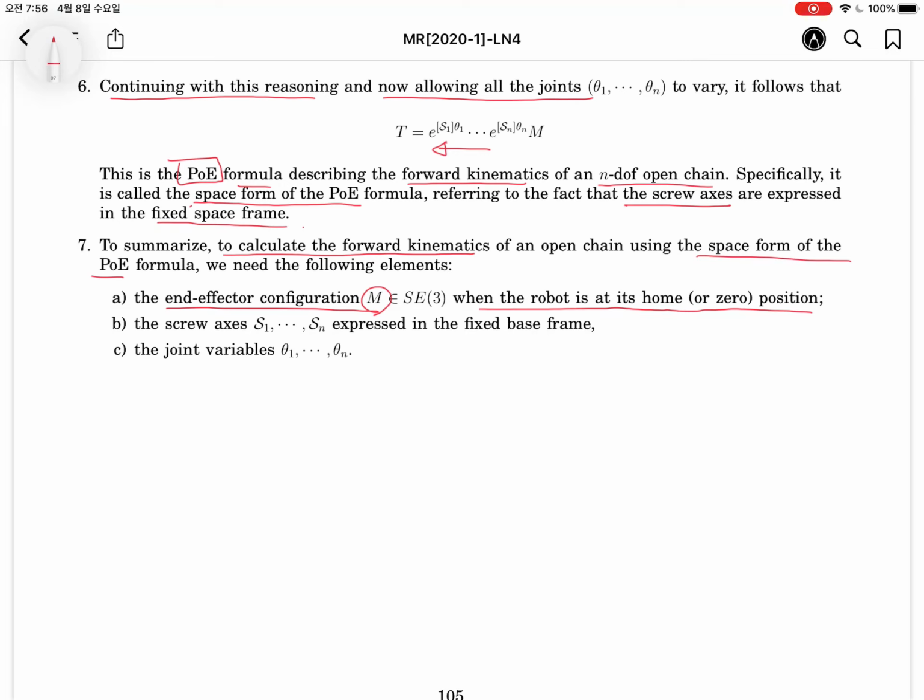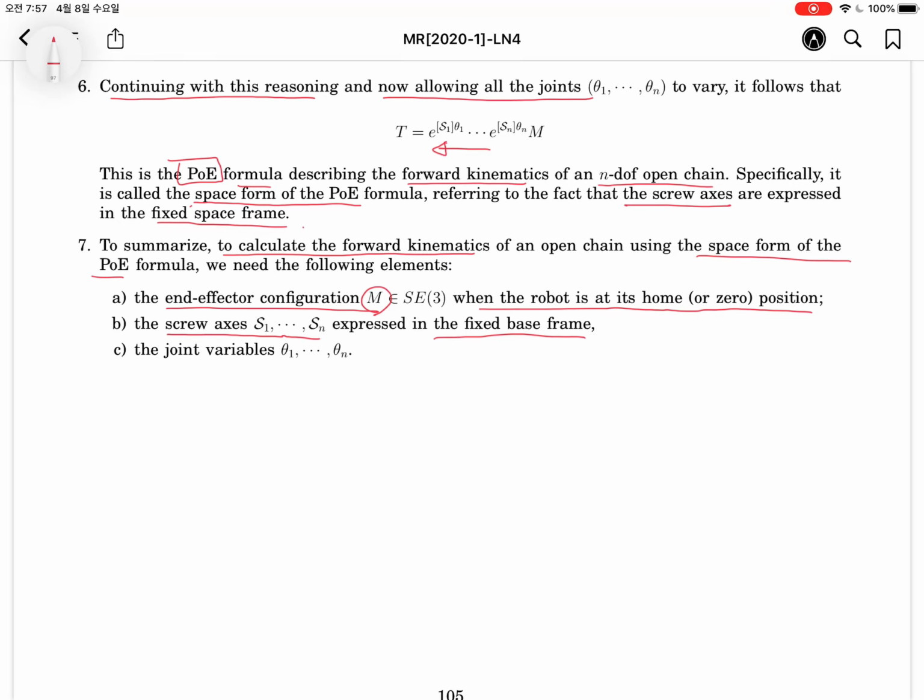I prefer to use the zero position because it is more intuitive to describe the robot posture. The second, the screw axes from S1 to Sn expressed in the fixed coordinate. Those are the core elements in describing the forward kinematics.